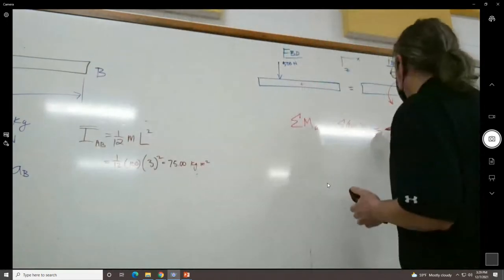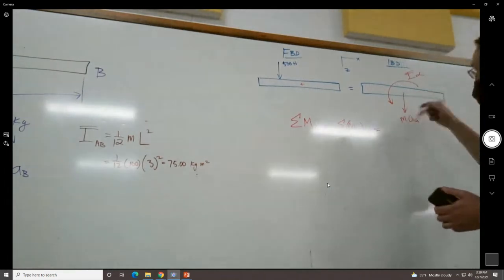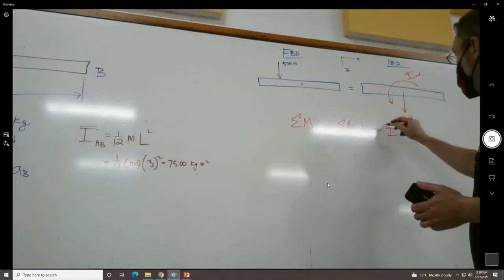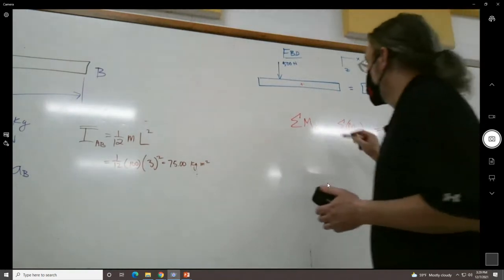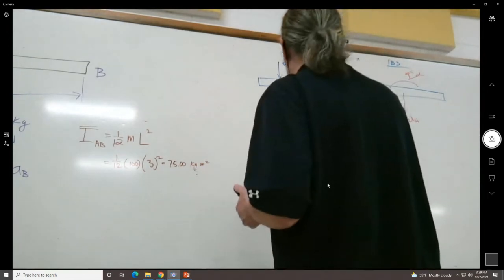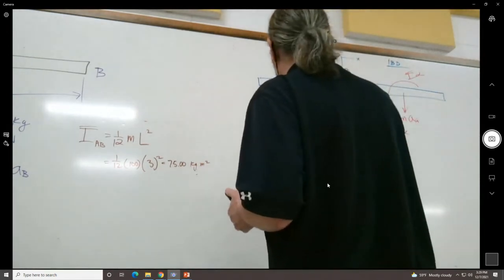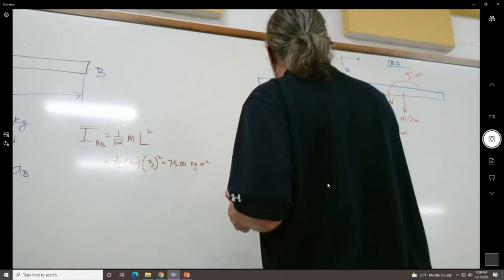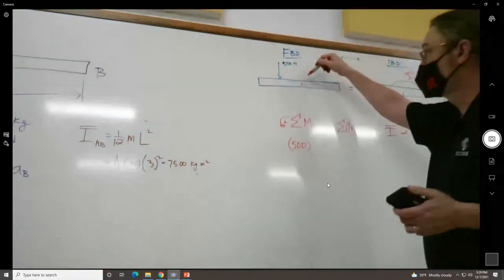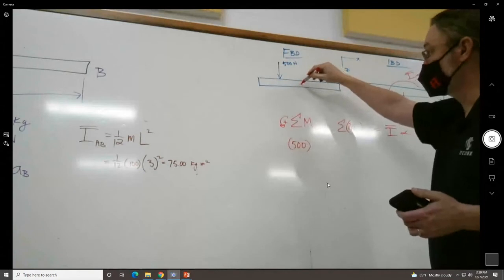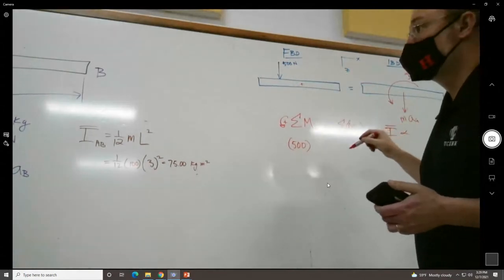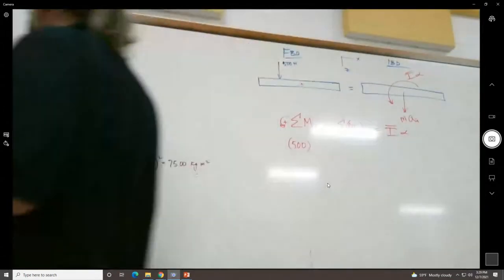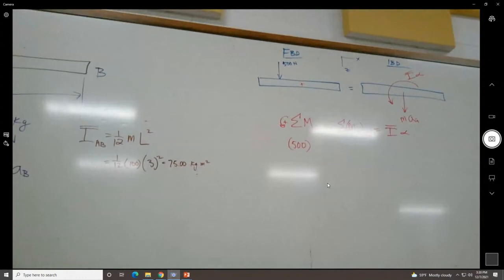But in this case, because this force is going through the center, that's really just going to be I alpha. Counterclockwise is positive, so you go 500 times, about the center right here, 0.75 right here, right?